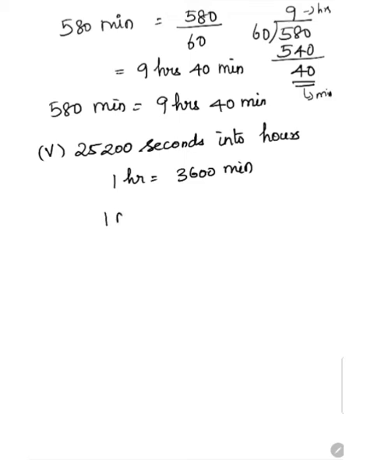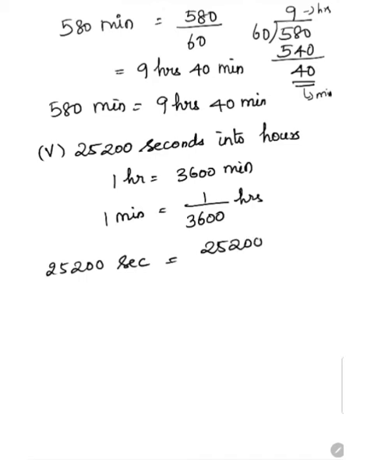So 1 second is equal to 1 by 3600 hours. So we have to find out 25,200 seconds is equal to 25,200 divided by 3600.